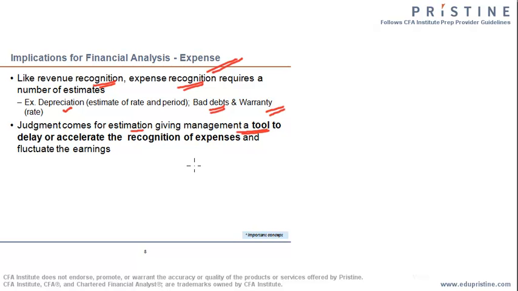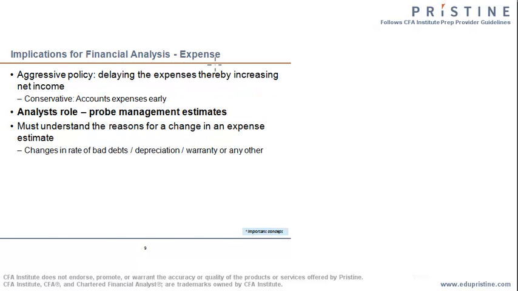For example, if a management wants to show lower profit, they can increase or accelerate the expenses and do exactly the vice versa for increasing their earnings. Because of this expense recognition flexibility, a company might either adopt an aggressive policy whereby they delay the expenses and hence increase the net income, or adopt a conservative policy, thereby expensing early. Now what does it mean for an analyst?